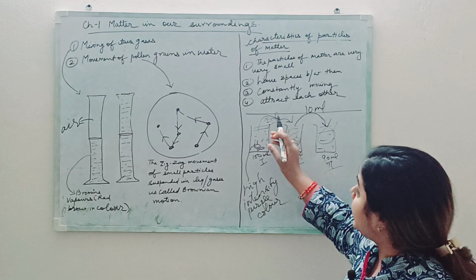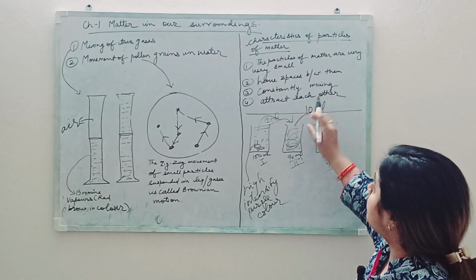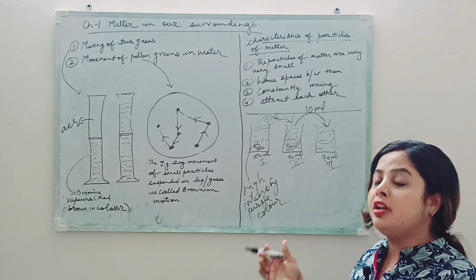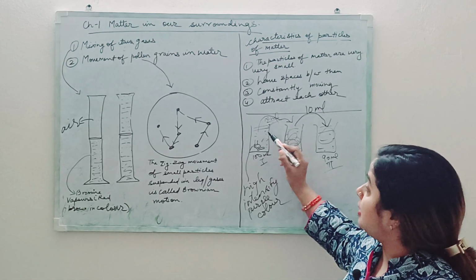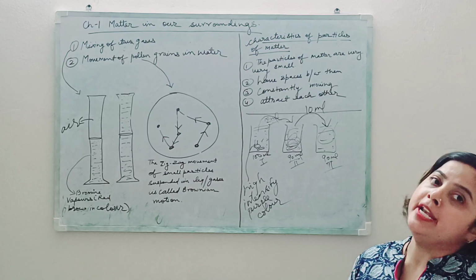So this shows that if you take out an amount of liquid and pour it in different containers, they also become the same color but the intensity is varying. It shows that the particles are very, very small in nature.